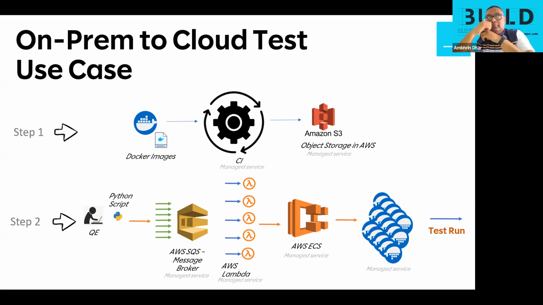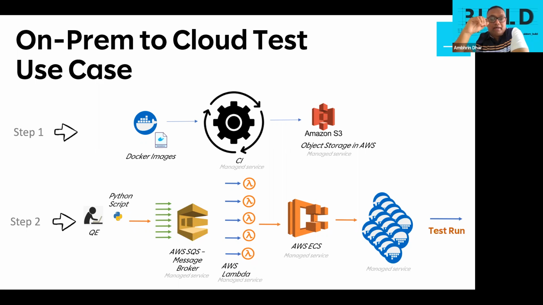So we used to run a pipeline, which is step one, a CI pipeline that would take the latest Docker image and build it with all the dependencies that we want the Dockerfile to be built with, and then store it into object storage. In our case, it was Amazon S3. It would run every day, just so that we are on the latest and greatest image of Docker.